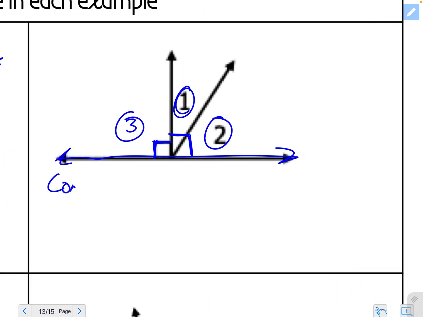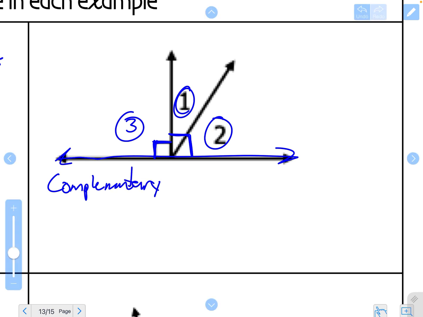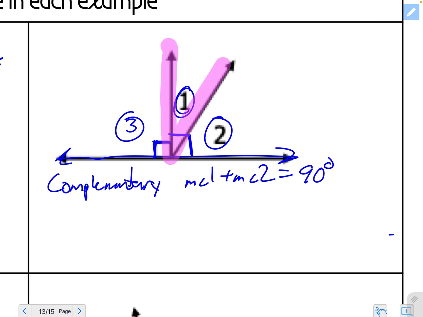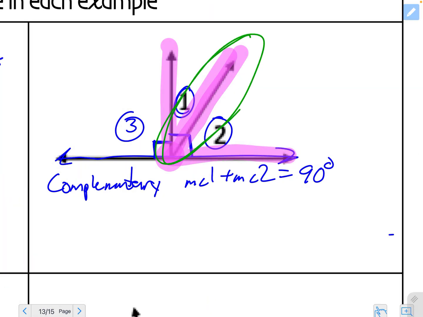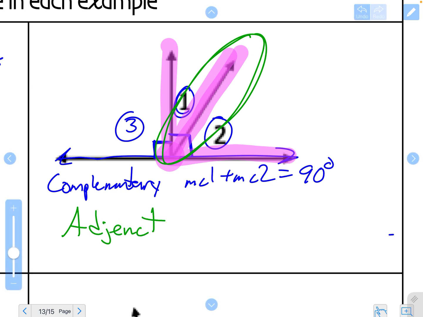So these are complementary angles, and we know that the measure of angle 1 plus the measure of angle 2 equals 90 degrees. We also know that if we were to trace angle 1, it has the same vertex as angle 2, and if we were to trace angle 2, they both overlap and have the same ray, so they are also adjacent angles.